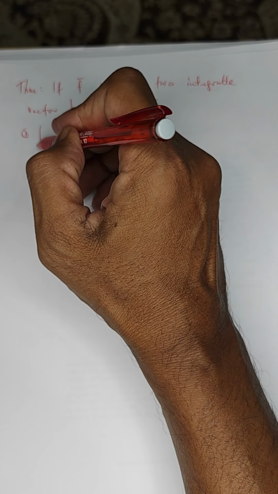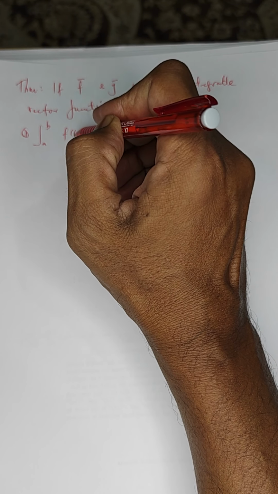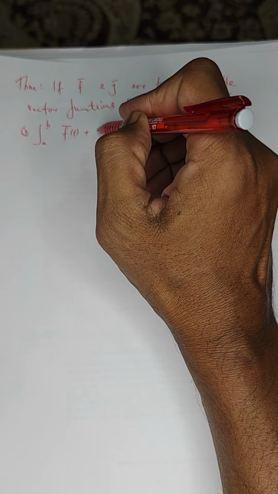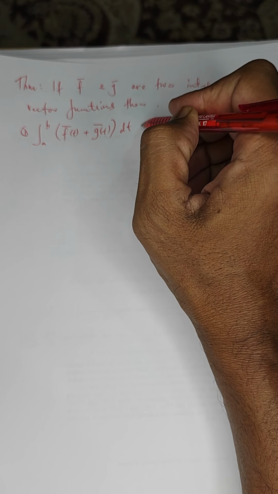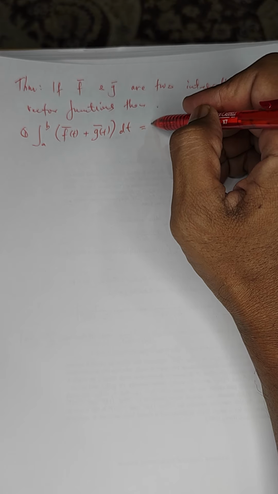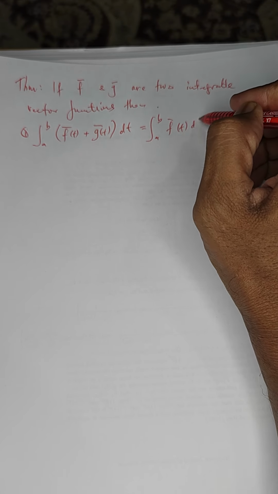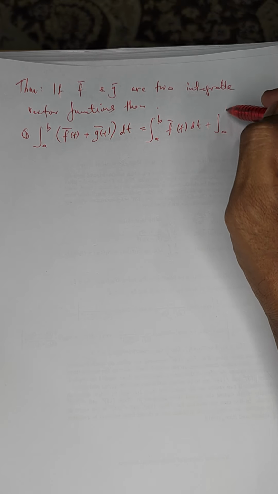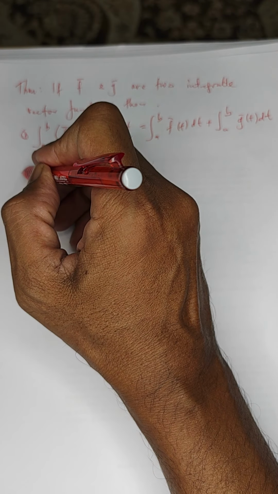Number one, we integrate from a to b f(t) plus g(t) dt, which means we integrate one by one: integral of f(t) dt plus integral a to b g(t) dt. That's property number one.